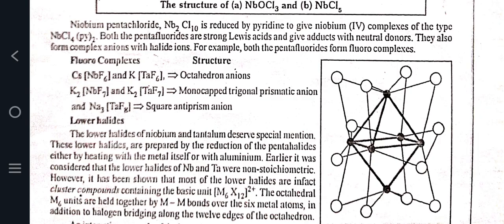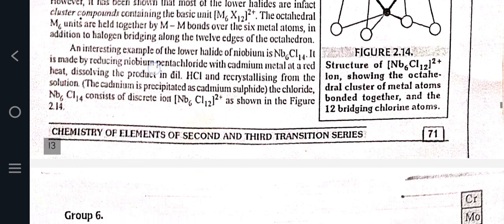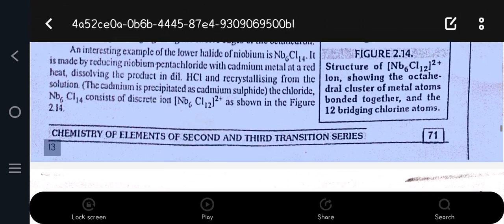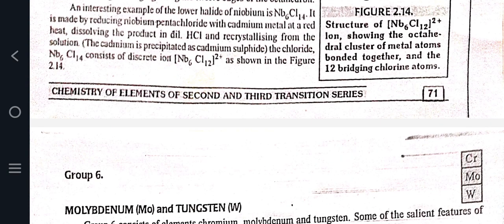The octahedral M6 units are held together by M-M metal bonds over the six metal atoms, in addition to halogen bridging along the 12 edges of the octahedron. An interesting example of the lower halides of niobium is Nb6Cl14.